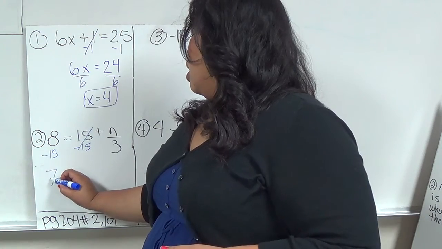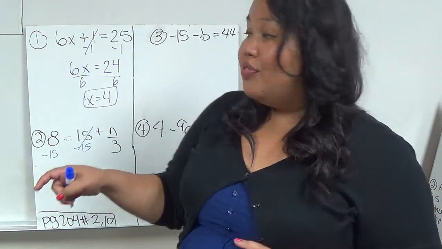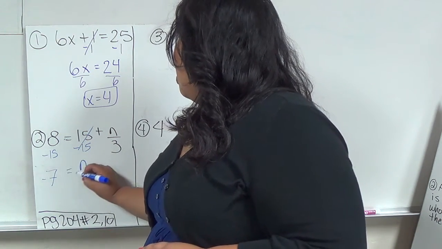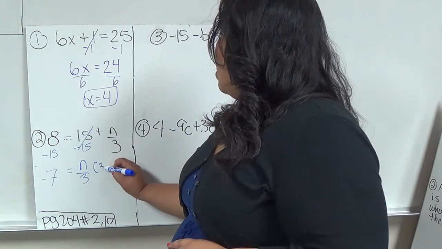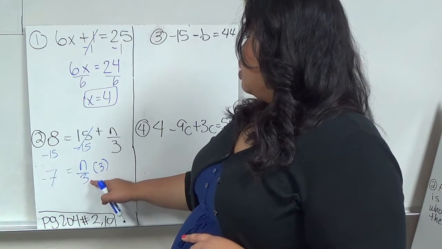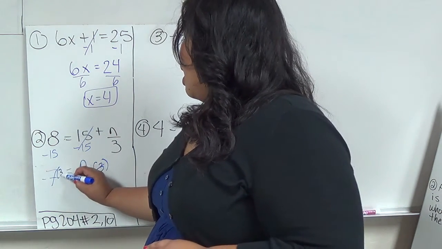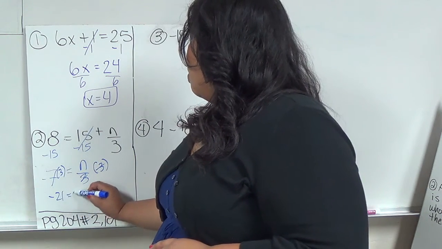So this becomes negative 7, because you have positive 8 and you subtract 15, you go into negative 7, equals n over 3. So now from here, I'm going to multiply by 3 because n is connected to 3 by division. What I do to one side, I have to do to the other. So I end up with negative 21 equals n.